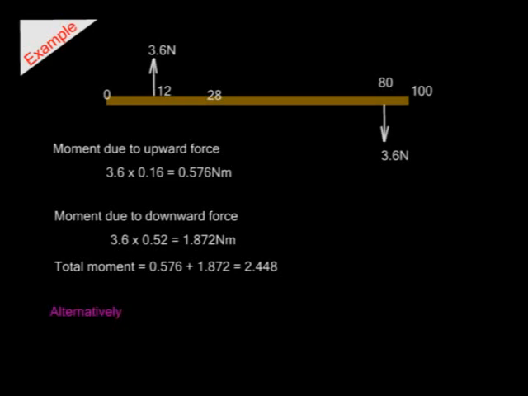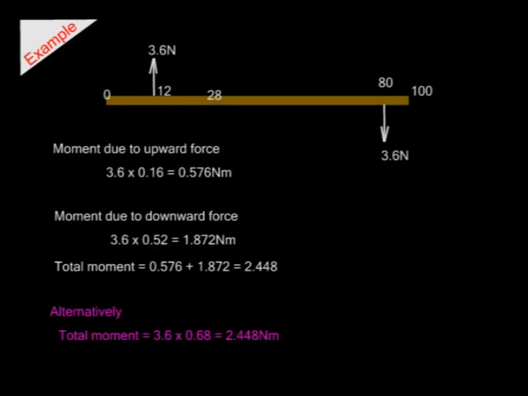Alternatively, we had said that the moment of anti-parallel forces is the product of one of the forces and the perpendicular distance between the two forces. So we could have worked this question alternatively and say total moment is equal to one of the forces times the perpendicular distance between them.